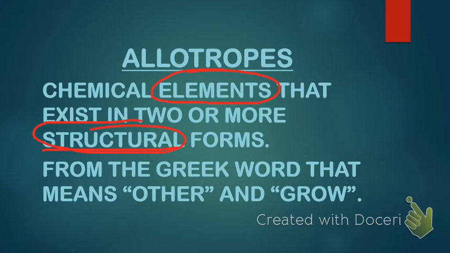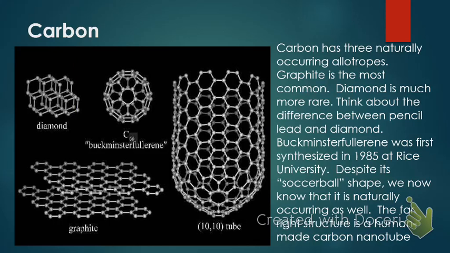Okay? So moving on, I'm going to give you some examples of allotropes. One of the first ones, probably the most important one, is carbon. Carbon has three naturally occurring allotropes: diamond, graphite, and Buckminster fullerene. Graphite's the most common. Diamonds, of course, are much more rare.